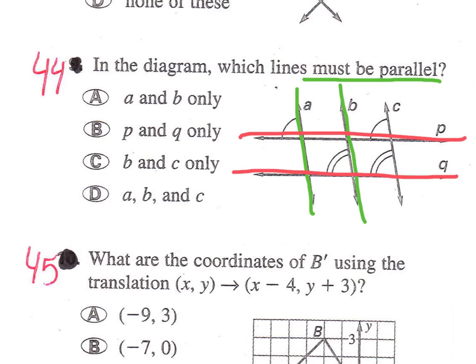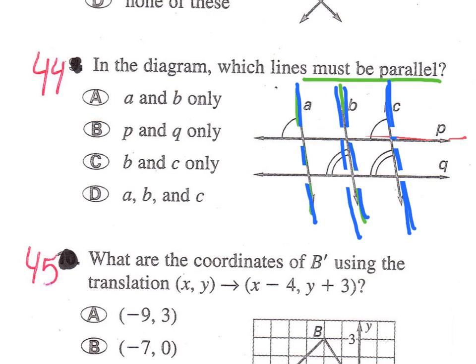Would it be C, which is B and C only? Or is it all three, A, B, and C? Who's got to be parallel? And I'll erase all my lines to get them out of your way here. Might make it a little bit easier for you to see.